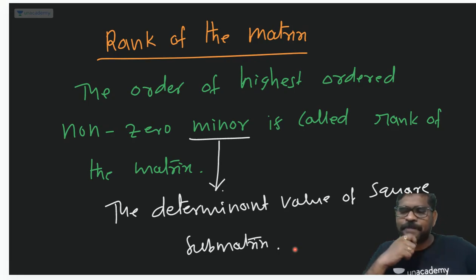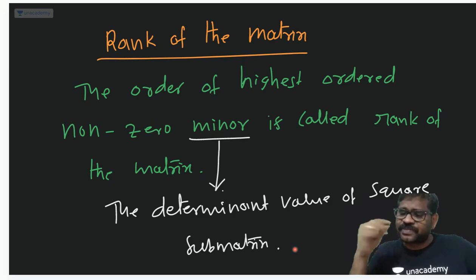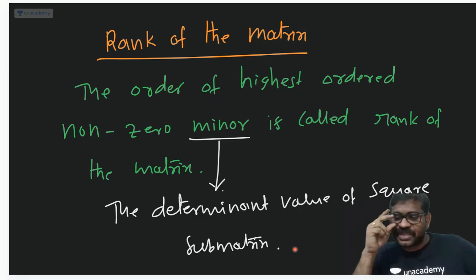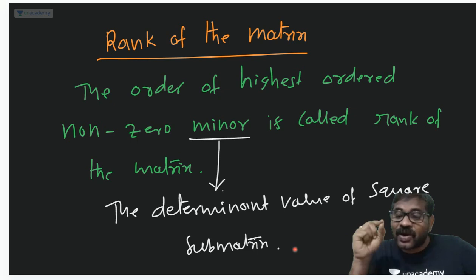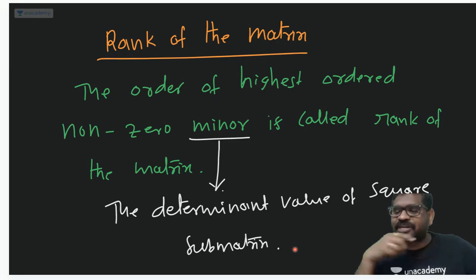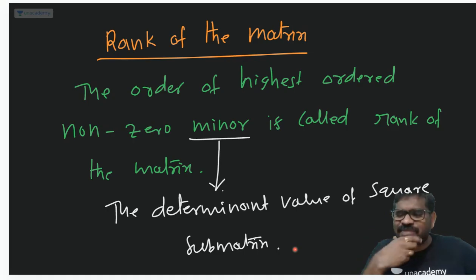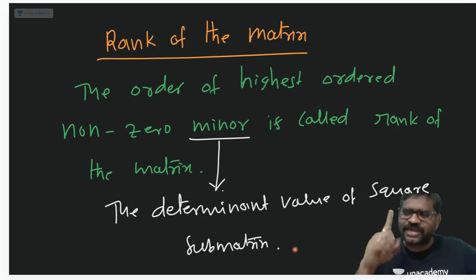Okay? Now, first read the definition once again. The order of the highest ordered non-zero minor is called the rank of the matrix. Sir, if any matrix is given, how do I know whether the minor is non-zero or not? No one knows. You can take one minor.